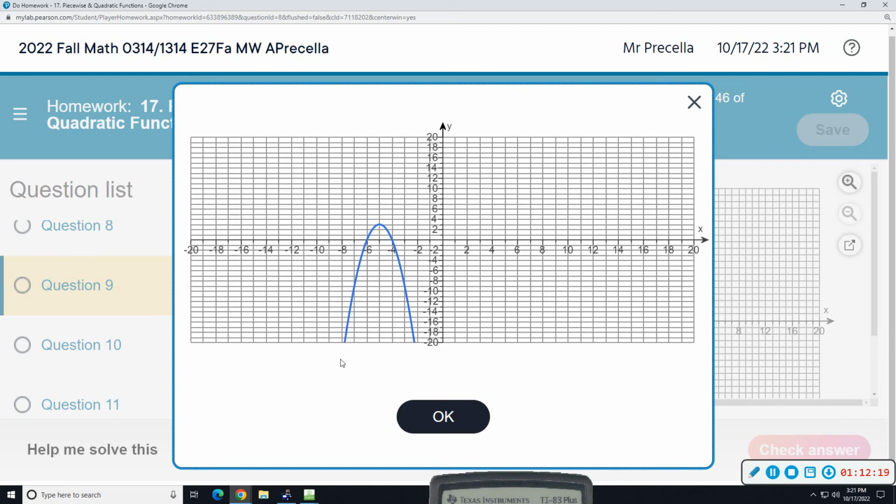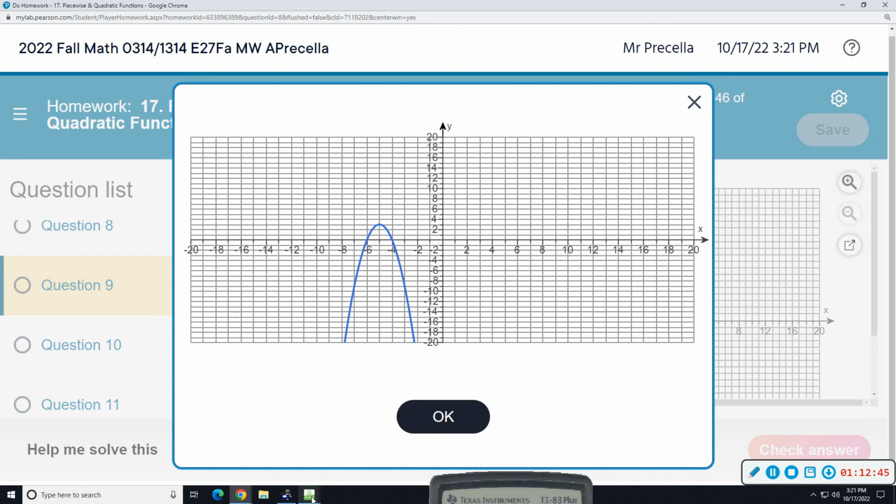Is it going to hit the floor? Yeah, it's going to hit the floor, not the ceiling. So we're going to say the range is 3 to what? Positive infinity or negative infinity? Negative infinity. But remember, with interval notation, you must put the smaller thing first. So what's going to go first? Negative infinity to 3.